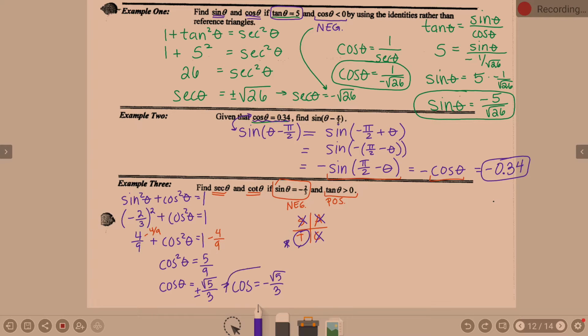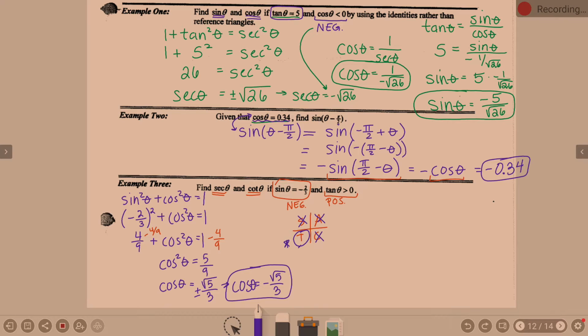Kind of like earlier, we did all that work and we still don't have an answer. But here's what I'm going to say. The short version is if cosine, oh, don't do what I just did. You should always have the variable in there, cosine theta. If cosine theta is negative square root of 5 over 3, what do we know? Secant is the reciprocal.